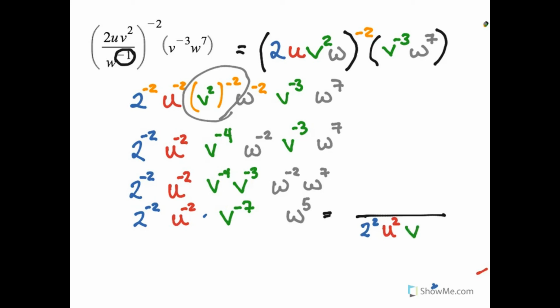And v to the negative 7 gives me a v to the 7th in the denominator. w here is to a positive power, so w to the 5th stays in the numerator. Well, so I've simplified. The expression simplifies to w to the 5th over 2 squared, which is 4, u squared v to the 7th.